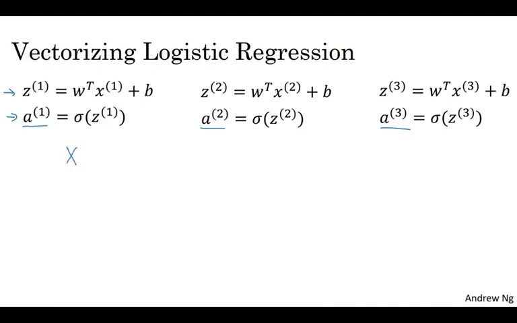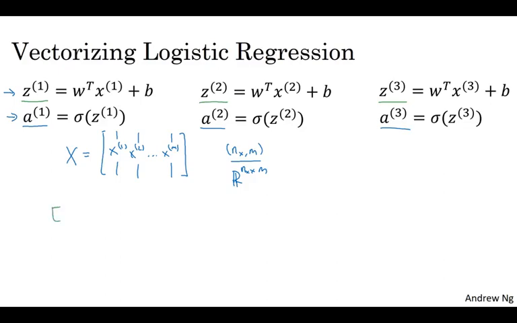First, remember that we defined the matrix capital X to be your training inputs, stacked together in different columns like this. So this is a matrix that is an nx by m matrix. I'm writing this as a Python NumPy shape, but this just means that X is an nx by m dimensional matrix. Now, the first thing I want to do is show how you can compute z1, z2, z3, and so on, all in one step. In fact, with one line of code.